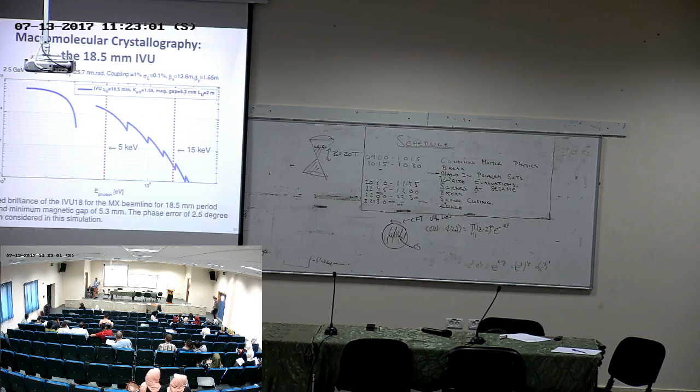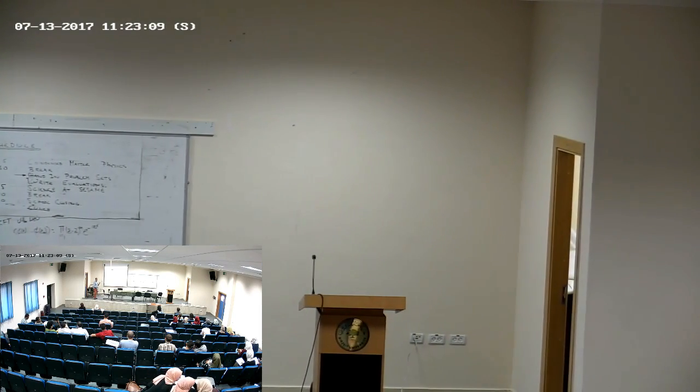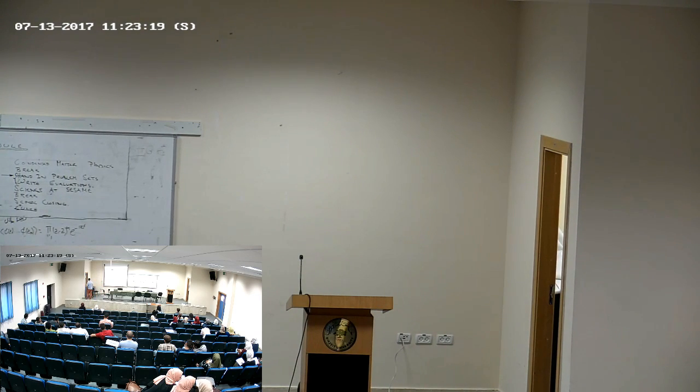And because of that, as I said, you have to close the gap a lot. I remind you that we wrote a formula which says that K is equal to 0.9 times the field in Tesla times the period. For an undulator you want this number to be between 1 and 2.